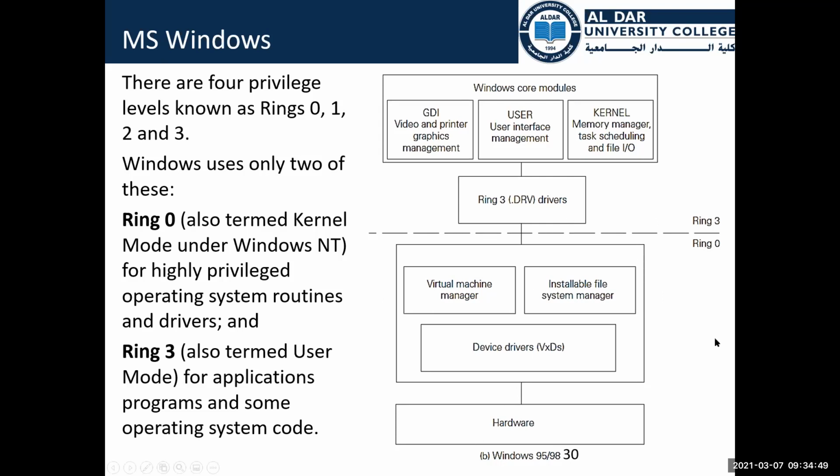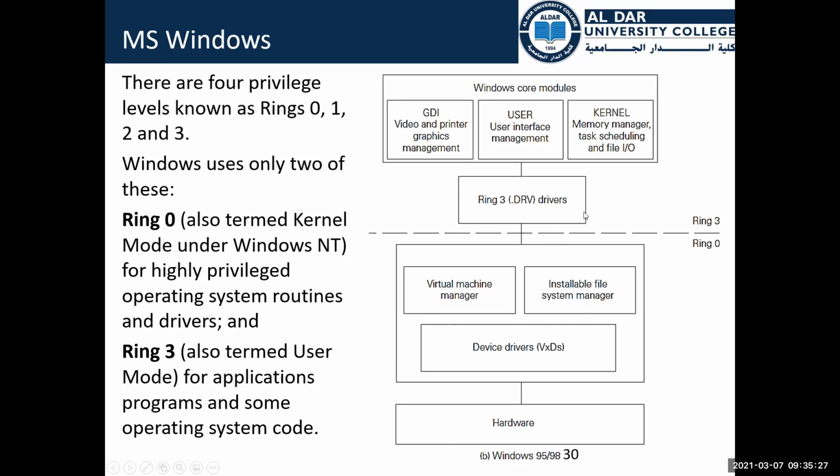Now we have this figure, divided into two parts, the lower part and the upper part. The lower part is ring 0, and this is the kernel of the operating system. It has highly privileged operating system routines and drivers. It means that if you, as a user, played with these files, the operating system would go down. Here we have ring 3.